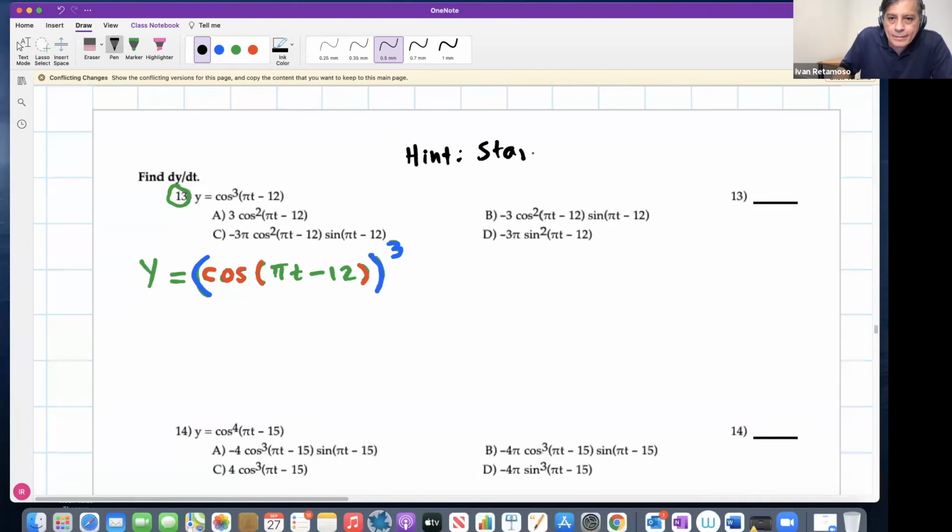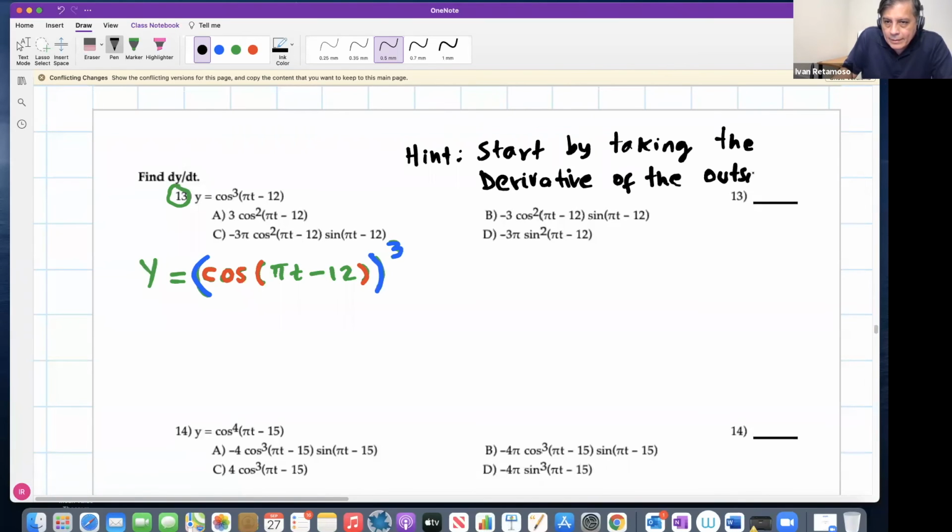Start by taking the derivative of the outside most function, which is in this case this cubic function. Very good, guys. Go ahead.